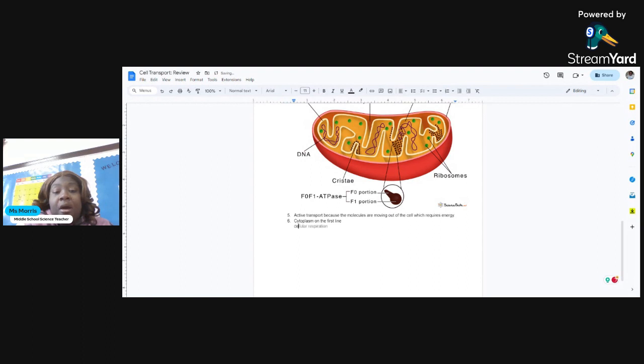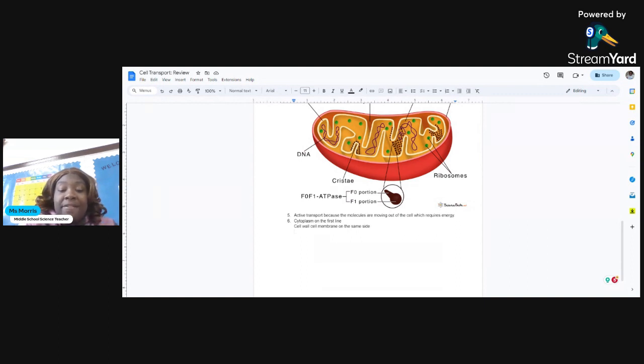It'd be cell wall and cell membrane on the same side. And I'll be inserting a picture for this as well, so you guys can have it. All right. I'm going to insert that in just a moment, but I'm going to keep moving.